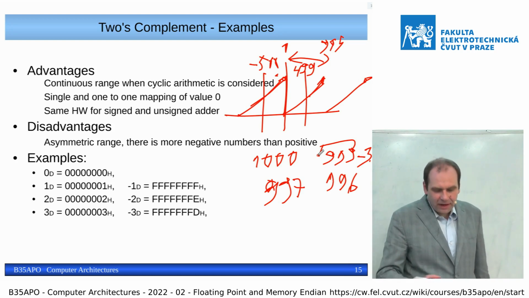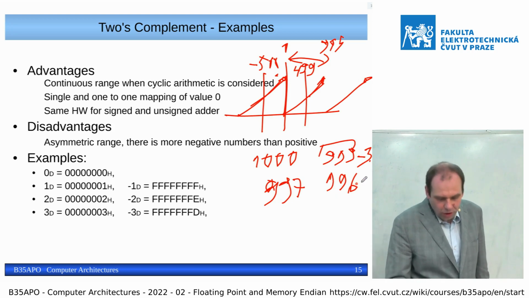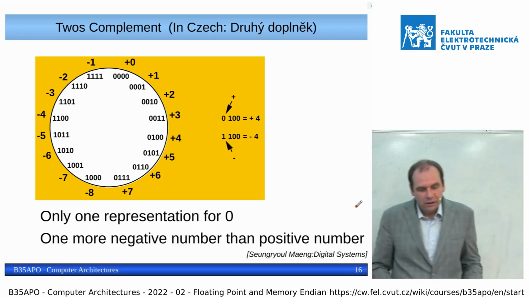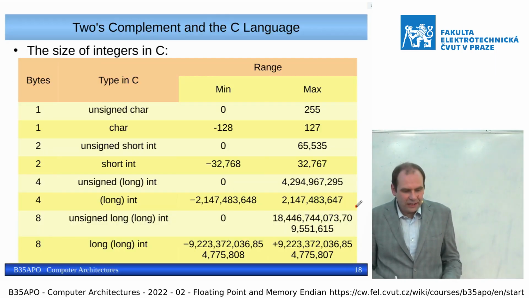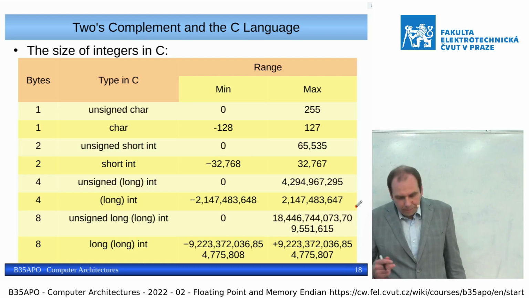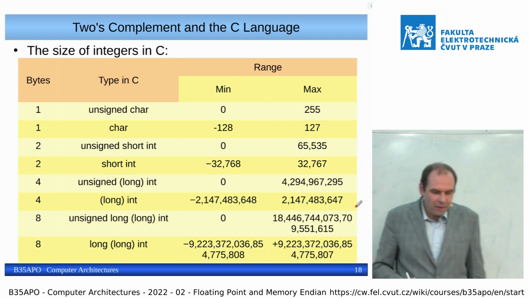But when we want a modulo complement, then we need to add 1. So it would be again 997. This is how we can switch between a positive and negative value with the same magnitude.